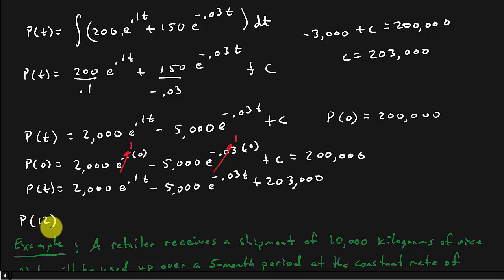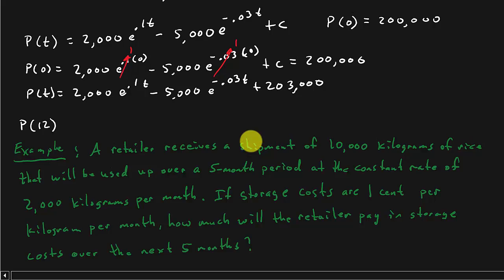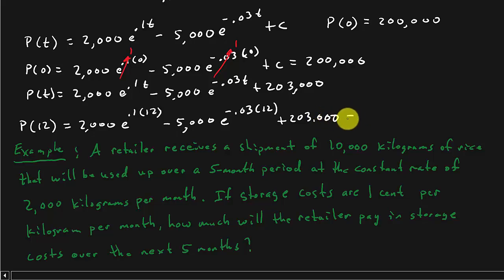And they want to know the population 12 hours later. So that means t equals 12. And so we just take this and plug 12 into t, minus 5,000 e to the negative 0.03 times 12 plus 203,000.